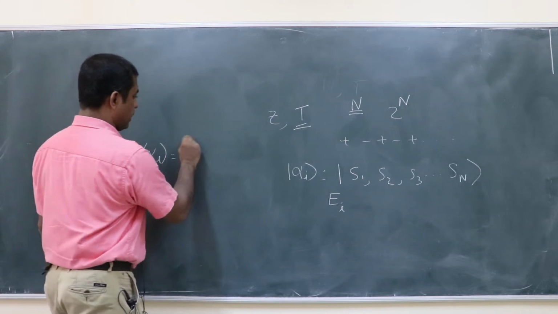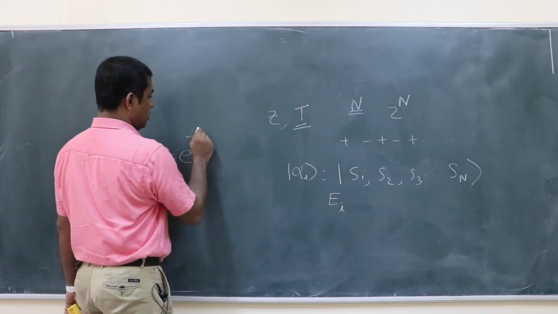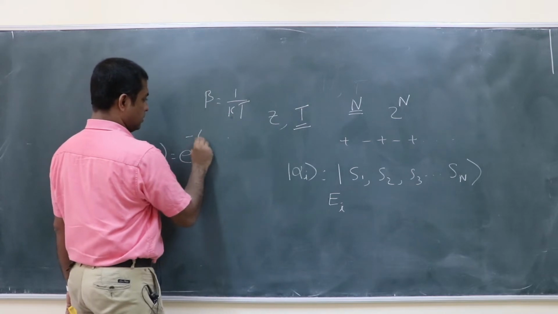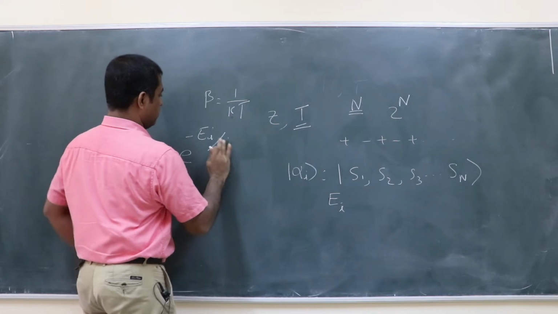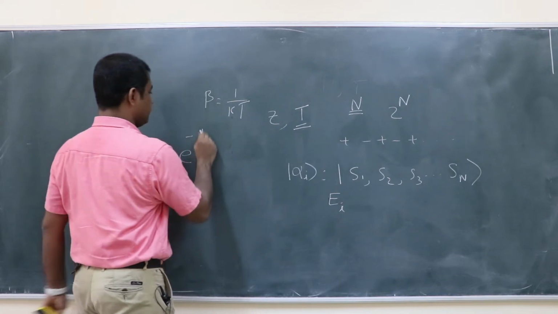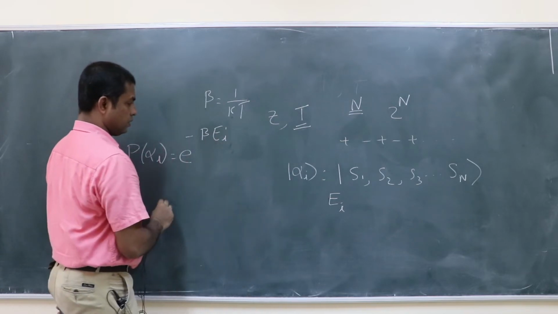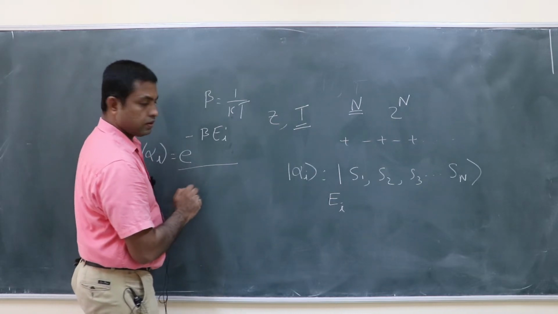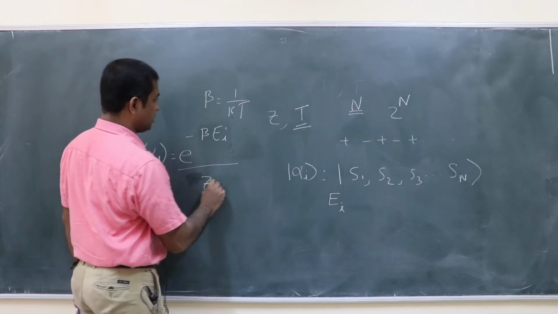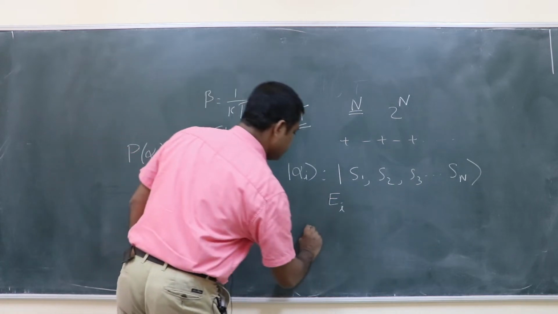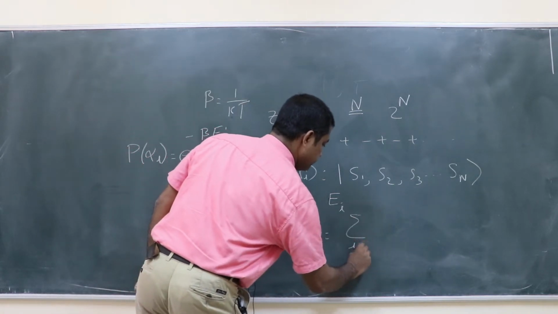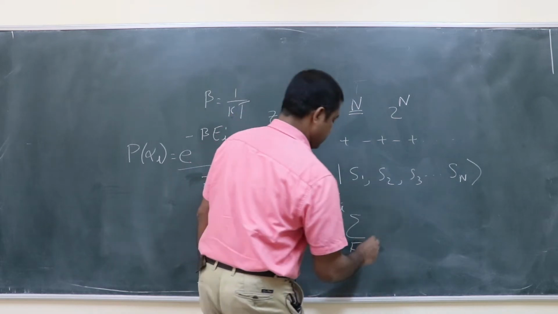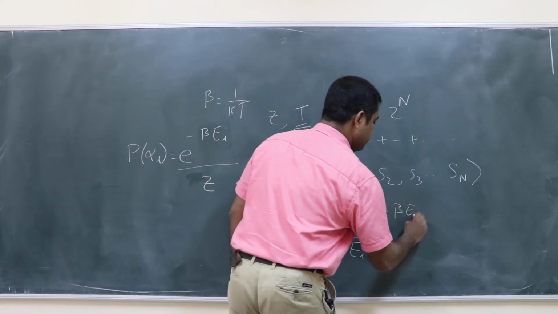It is e raised to minus beta EI, where beta is equal to 1 over kT, divided by the partition function Z, which is the summation over all configurations of e power minus beta EI.